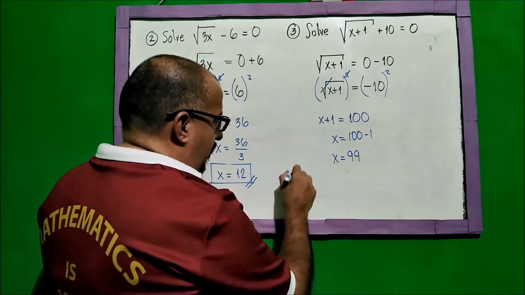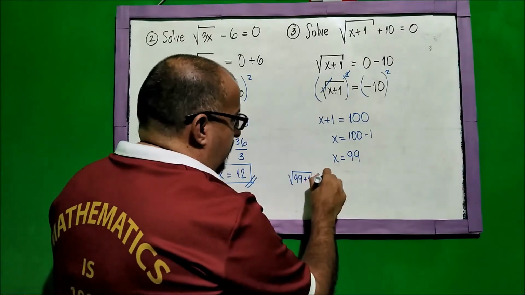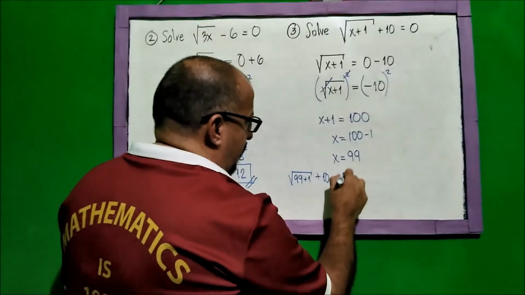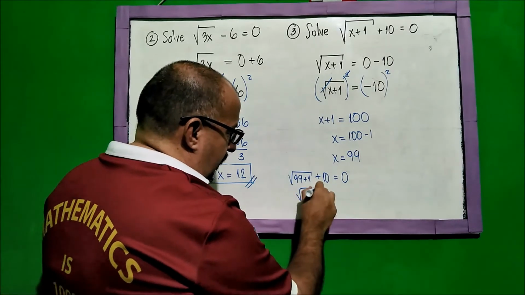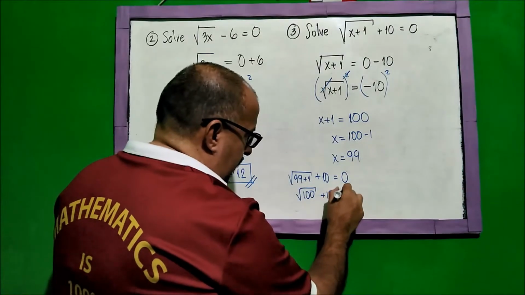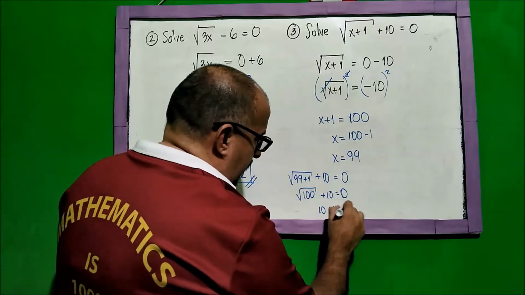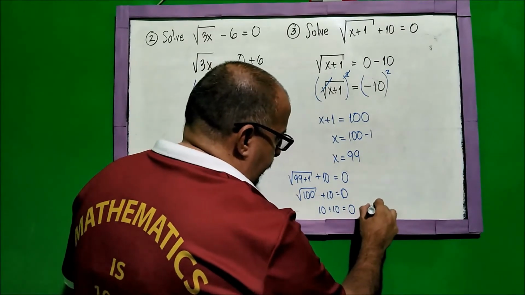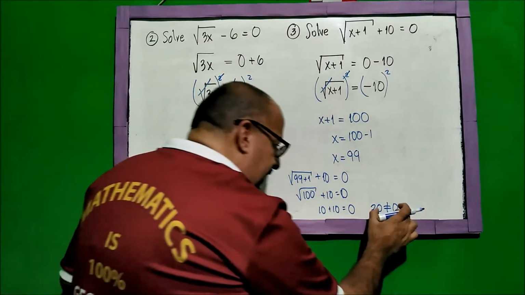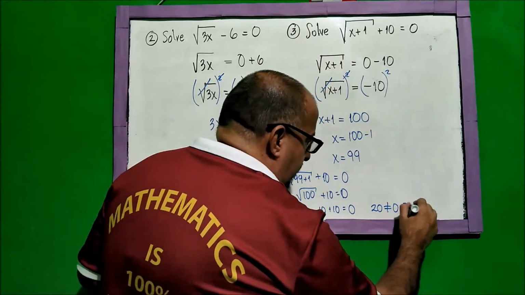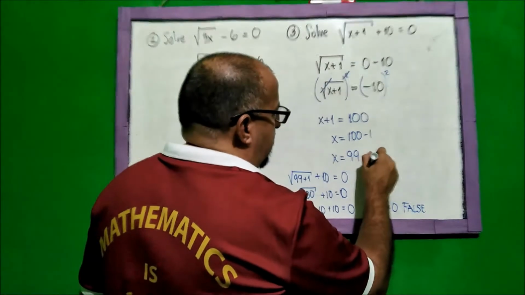Again, the checking: the square root of 99 plus 1, plus 10, should be equal to 0. 99 plus 1 is 100, and the square root of 100 plus 10 becomes 10 plus 10, which, as you know, is 20, and will never be equal to 0. So, if this is giving me a false statement, then 99 is not a solution.